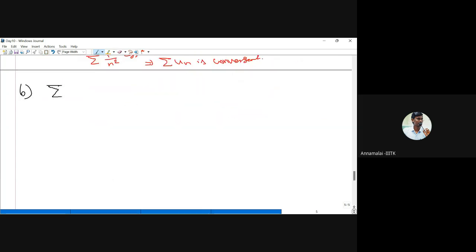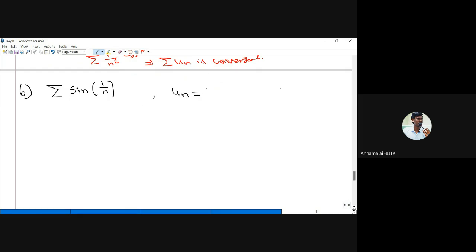So what about summation sine of 1 by n? What can you say about summation sine n, is this convergent or divergent? Anyway, if you consider only the sequence, sine n is divergent, keep that in mind. Now, what is our un?